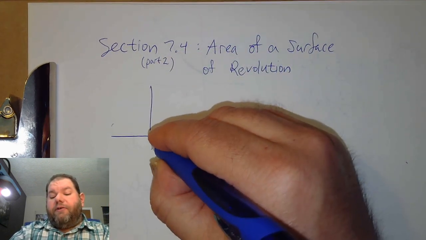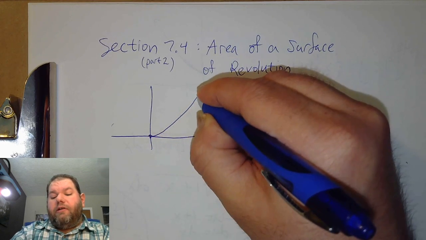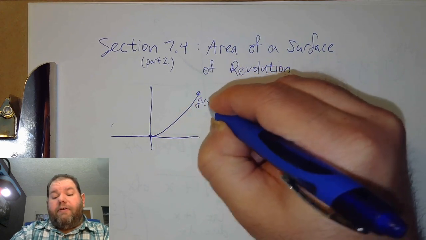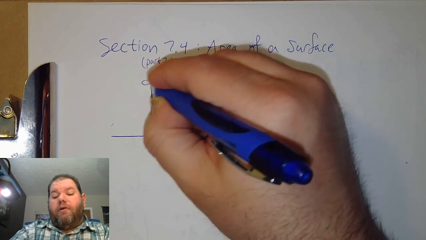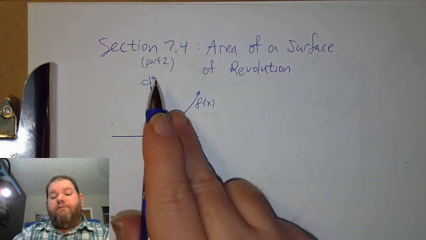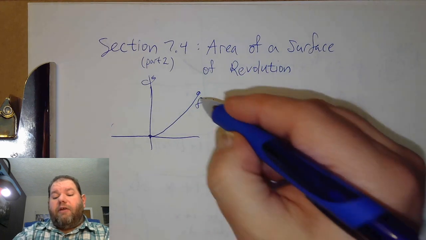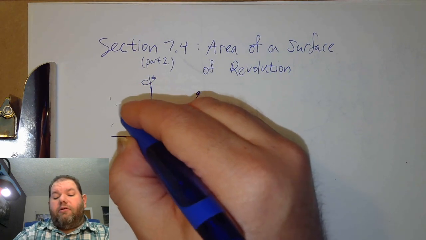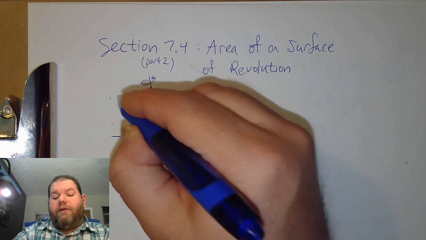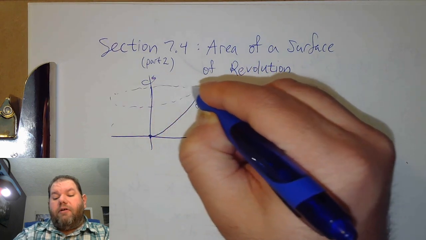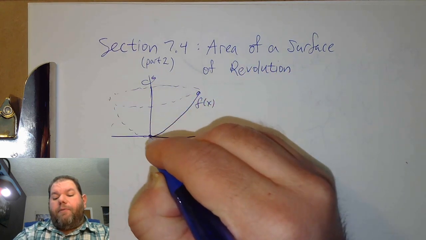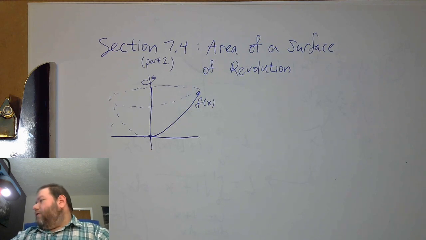But the idea, let me show you a concept. Maybe we have this curve. We call this f of x, but it's being revolved around this vertical axis. And so the idea is that we're going to make this go around the axis here and create kind of a bowl-shaped object.